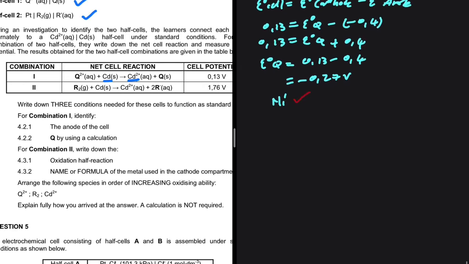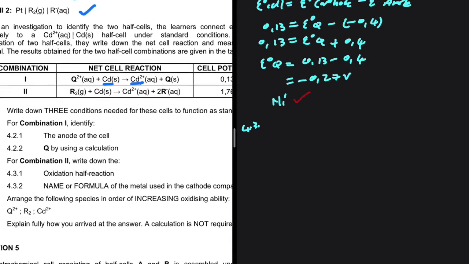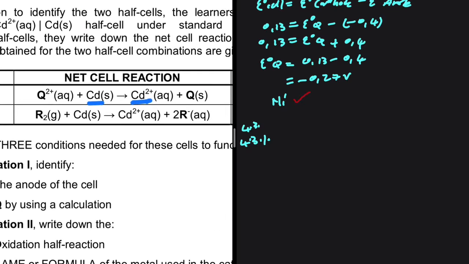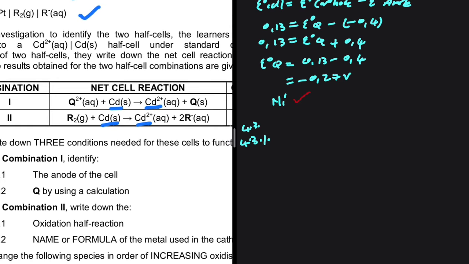Let's go ahead and take a look at 4.3. In 4.3, we're interested in our second combination. And 4.3.1, the oxidation half-reaction. Well, what happened in reaction 1 is still happening in reaction 2. Cadmium is losing electrons. So we're going to have cadmium giving us cadmium 2 plus and 2 electrons as our oxidation half-reaction.